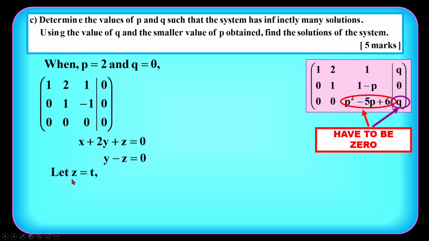Okay, letting z equals t. Then we place the z in to change the y. So we have y equals z, so y is also equal to t. We always start by letting z equal t.